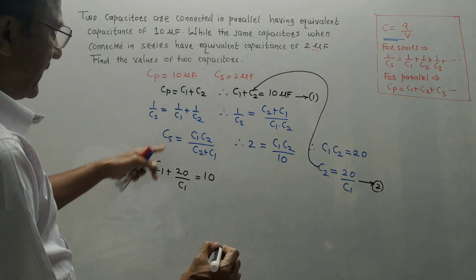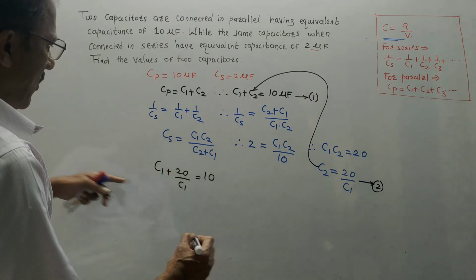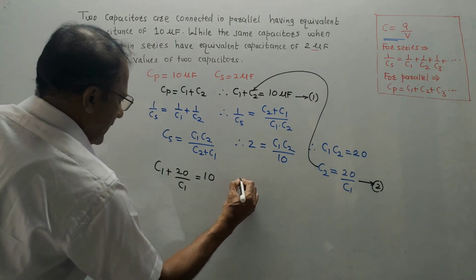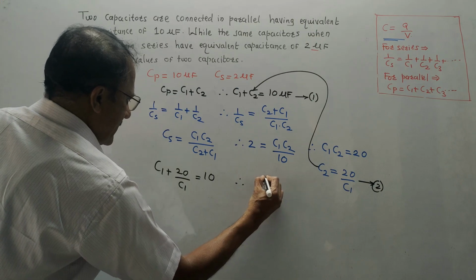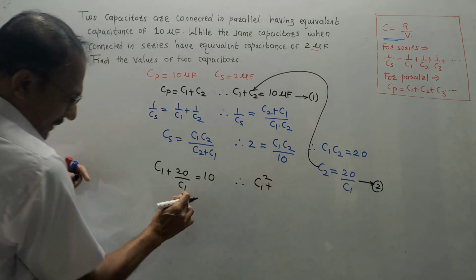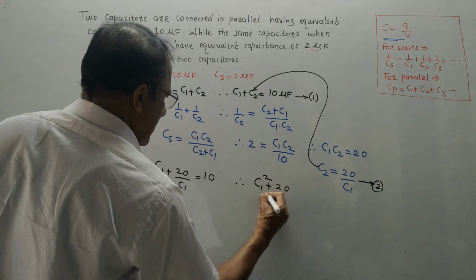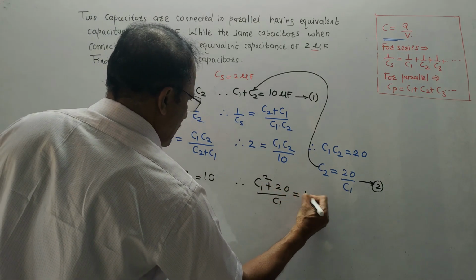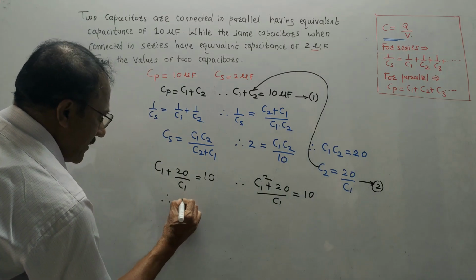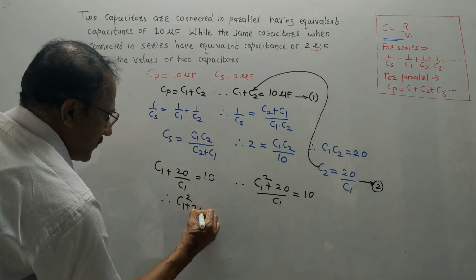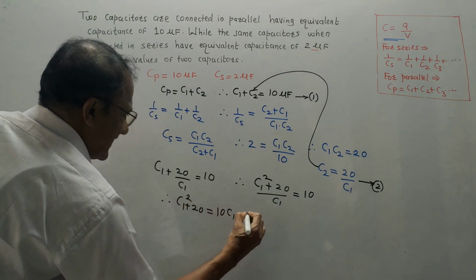Now we will take the LCM of this. So we can write this as C1 square plus 20 upon C1 is equals to 10, taking LCM of LHS side. This will give me C1 square plus 20 is equals to 10 C1.